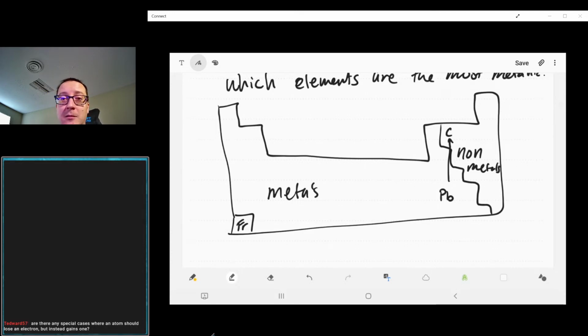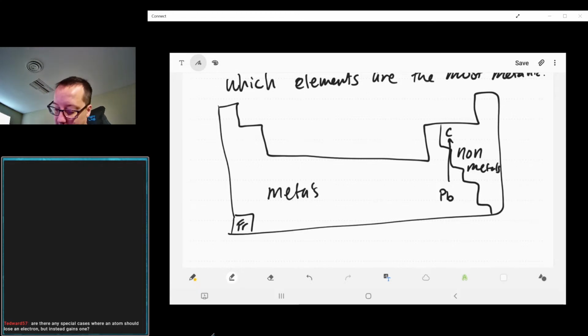Lead is a metal, silvery gray, hard, dense, can make it into tubes and pipes and stuff, and will typically form positive things. Our carbon typically will form negative things, and it's going to be non-metallic. It's going to be brittle and black and non-conductive and all that good stuff.